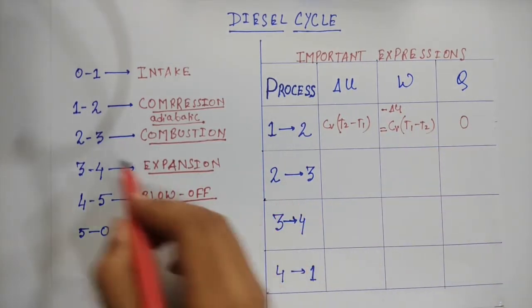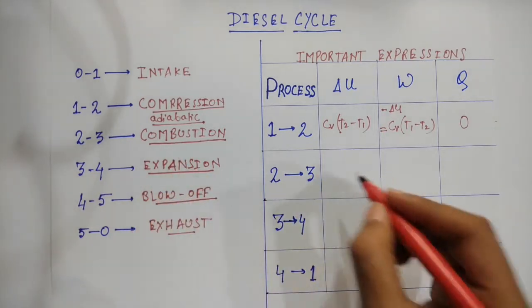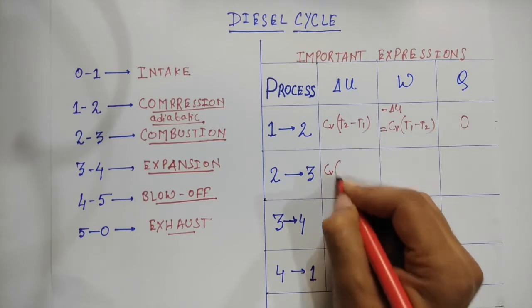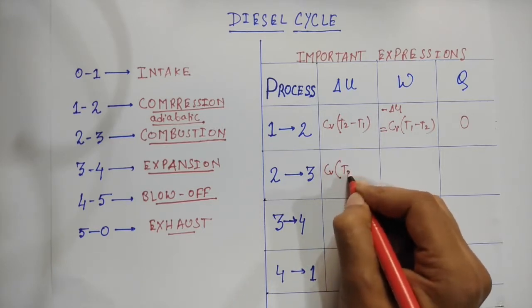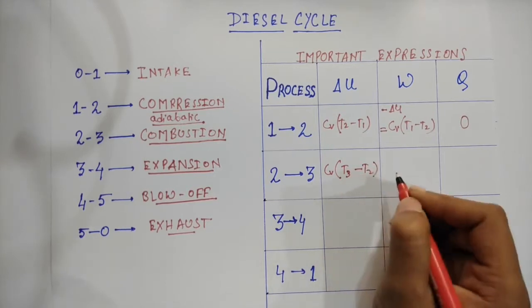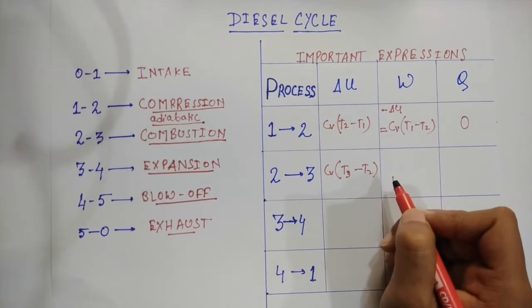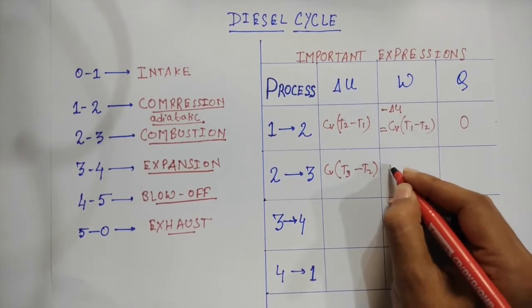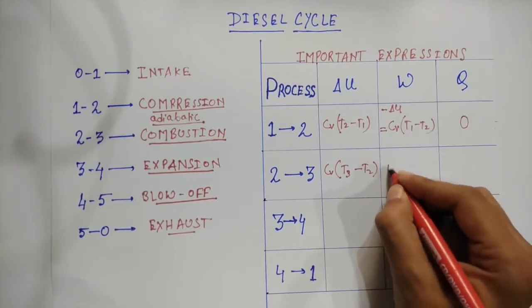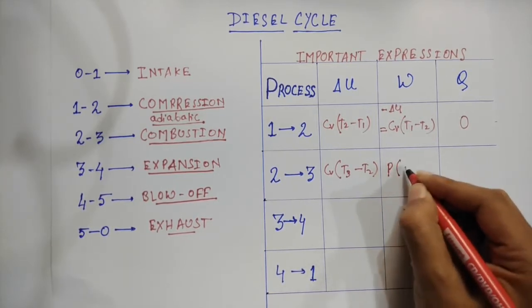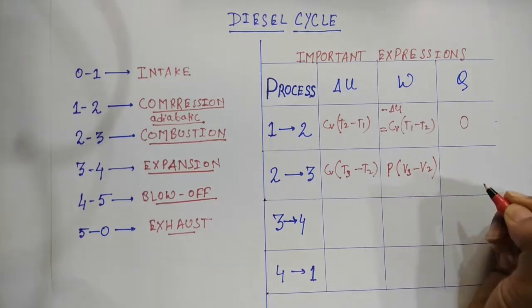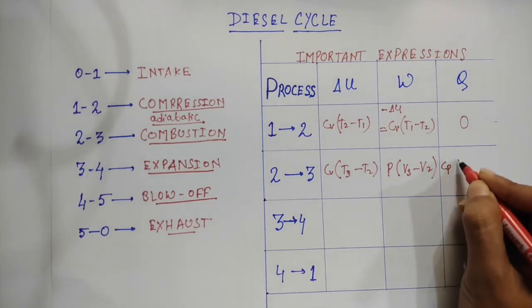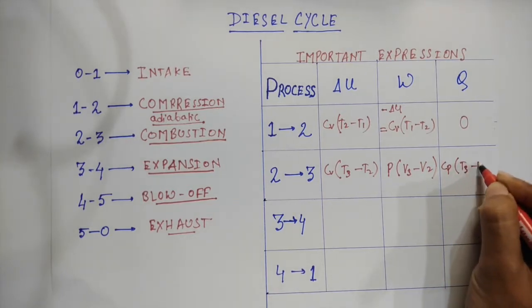Now the process 2 to 3 is combustion. In this process, the del U will be CV into T3 minus T2, and the formula for W will be P into V. So we write P into V3 minus V2, and the formula for Q will be Cp into T3 minus T2.